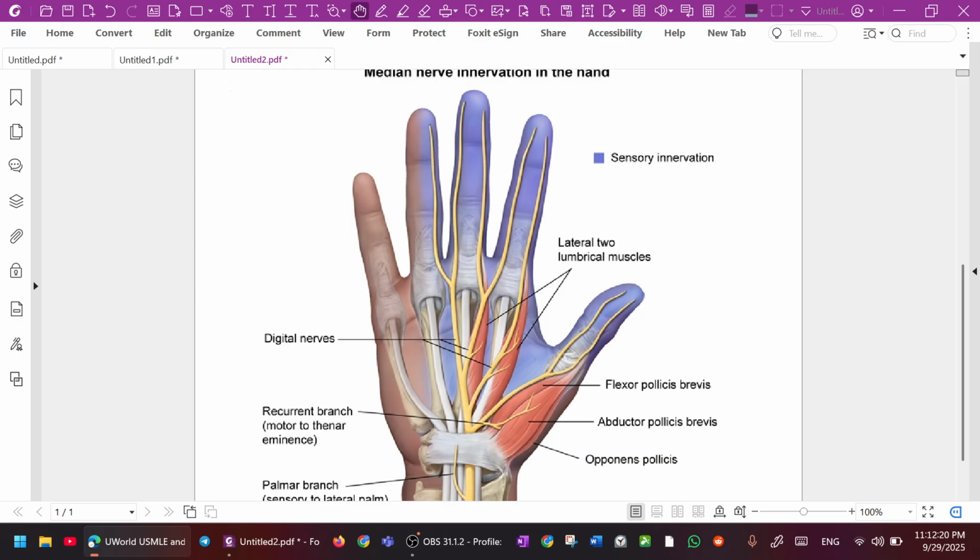Clinical finding: there may be thenar eminence atrophy. There may be weakness of thumb abduction and opposition.